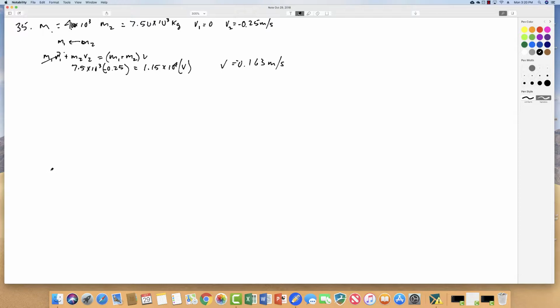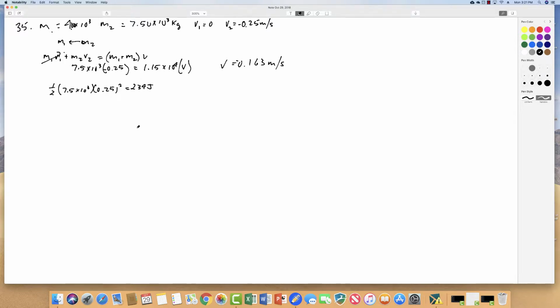Now B says, what is the loss in kinetic energy in this inelastic collision? Okay, so this is not moving, so we don't have to worry about this guy. So this is the initial kinetic energy, 1/2 times 7.5 times 10 to the third times 0.25 squared. And that kinetic energy is going to be 234 joules.